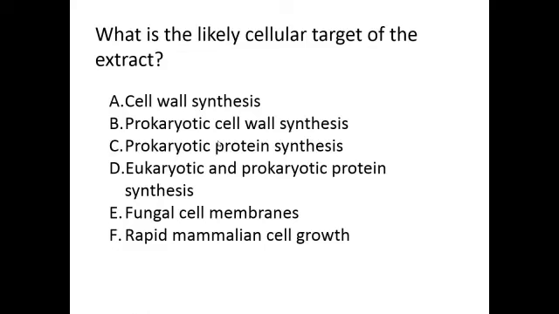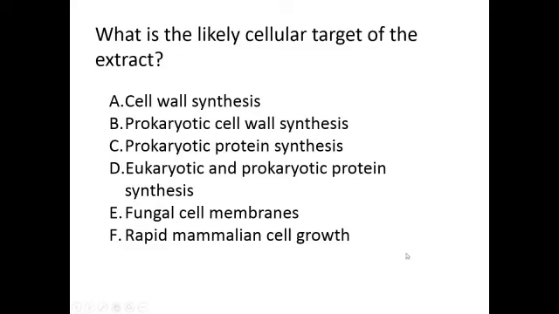Because gram-positive cells are more sensitive to antimicrobials that attack cell wall synthesis than gram-negatives are, because they've got more cell wall. And then rapid mammalian cell growth. Sure, why not? The test indicated that it was effective against human cancer cells. They're growing uncontrollably. Yeah, why not?